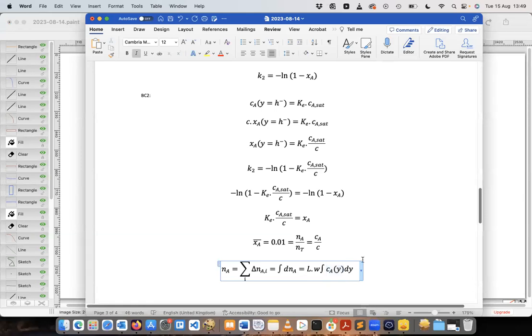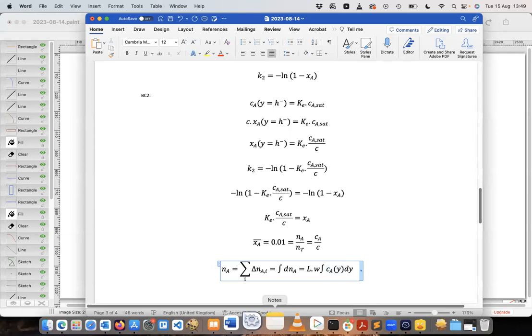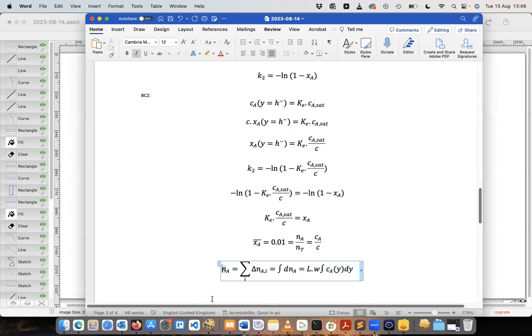So we are looking for the time when Na over N is equal to 0.01. So let's write that as our criterion.